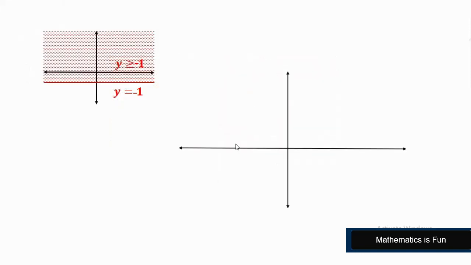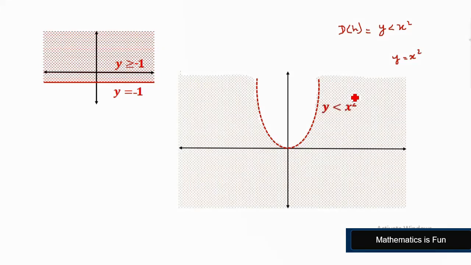Well, now let's find the domain for h. The domain for h is y less than x square. Let's first sketch the graph for y equal to x square. So y equal to x square is a parabola, and now we have to find the region y less than x square. So all the points below the parabola y equal to x square would be the region for the domain of h.